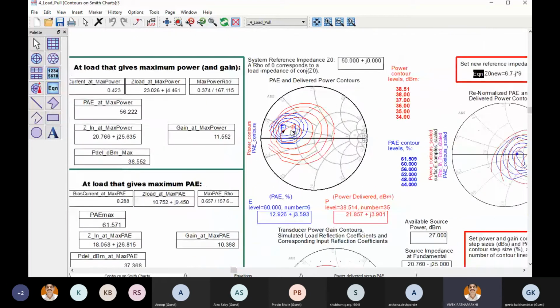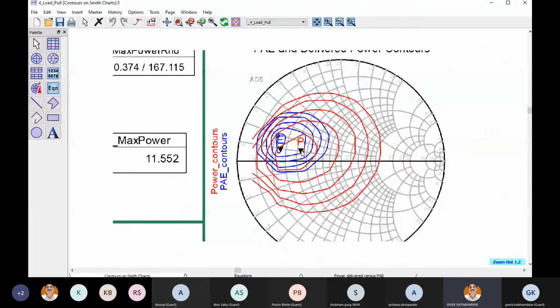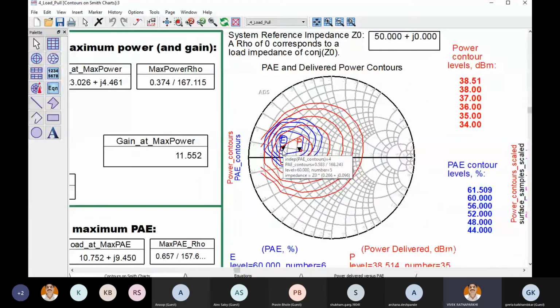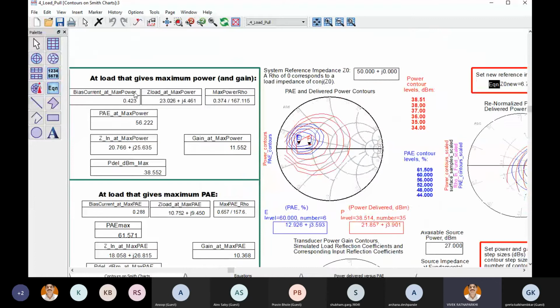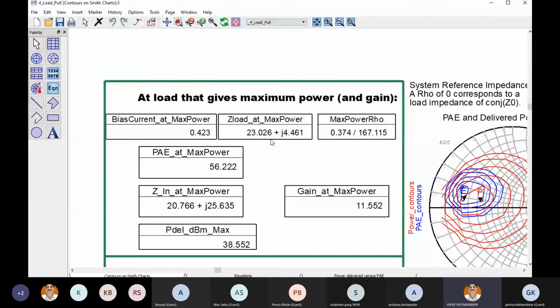If you see, I have placed a marker for PAE and output power. From here, at the load that gives maximum output power, the Z load you can see is 23.026 plus J4.4, and the input impedance is 20.766 plus J25. So this is the thing.